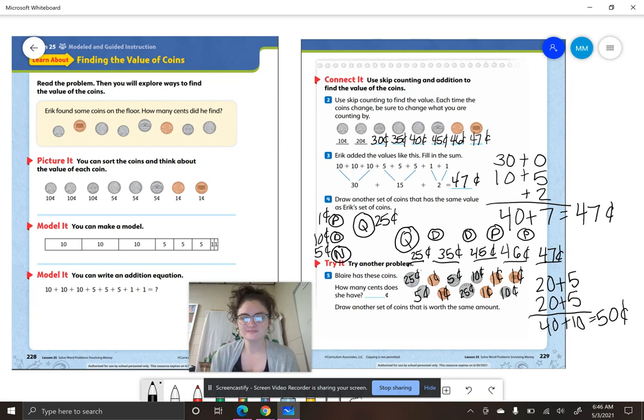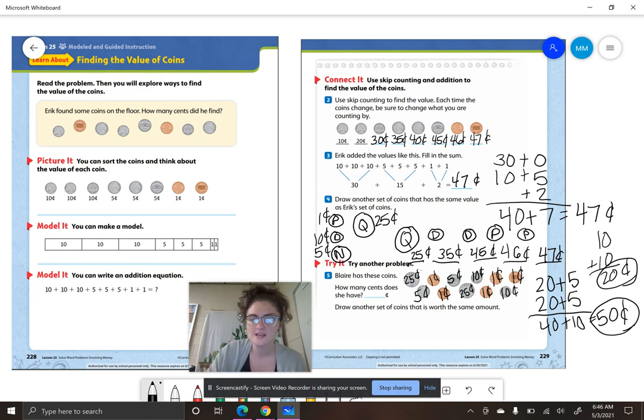Okay. Now I'm going to go on to my dimes. I have 2 dimes. 10 plus 10 equals 20 cents. Okay, and I'm going to circle these so I don't forget to add them all together. Now I'm going to go to my nickels. I had 2 nickels. So 5 plus 5 equals 10 cents.